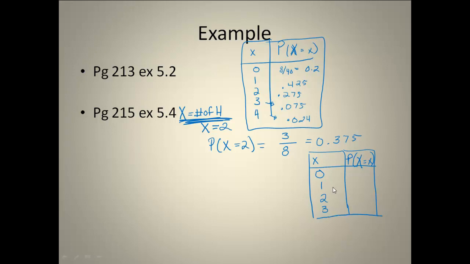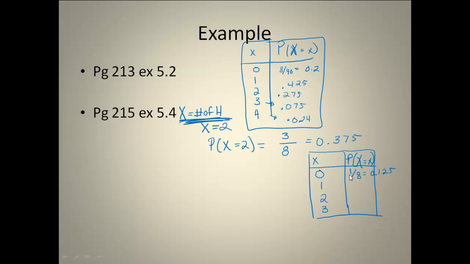And from our table on page 215, that table 5.5, we can get 0 heads only one way. So I'm going to have 1 out of 8 ways. One out of 8 ways to get 0 heads.